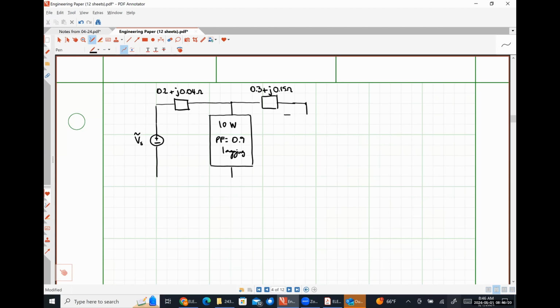I'm going to have a second load here. Let's say that this one absorbs 15 volt amperes at a power factor of 0.85 lagging.